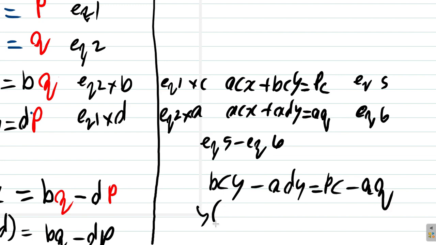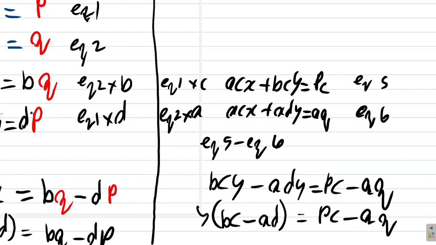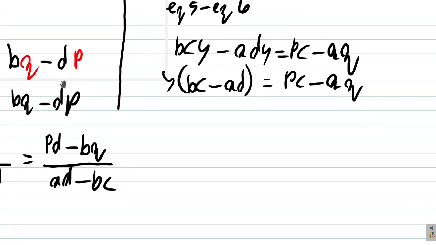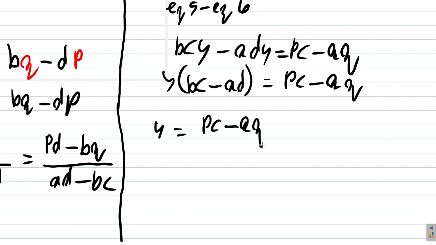So y outside the bracket, we have bc minus ad equals pc minus aq. Now y is equal to pc minus aq over bc minus ad.